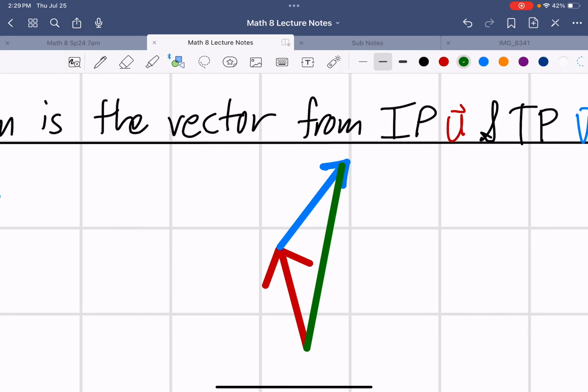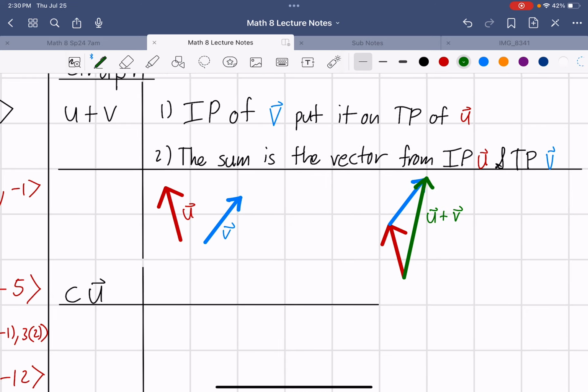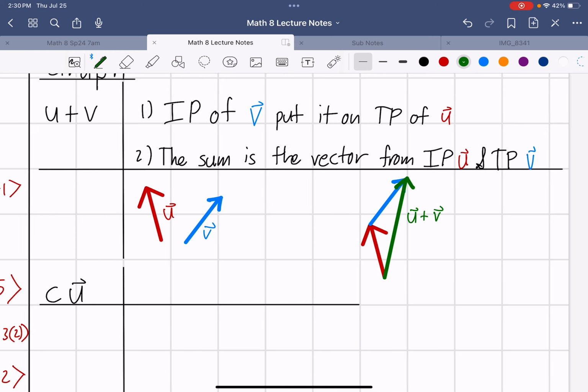I'm going to zoom in here. So we went from initial point of u to terminal point of v. And this is the vector u plus v. And that's what's going on here between these vectors.